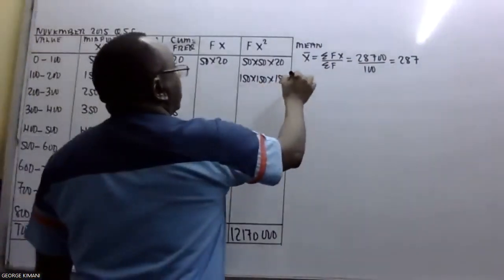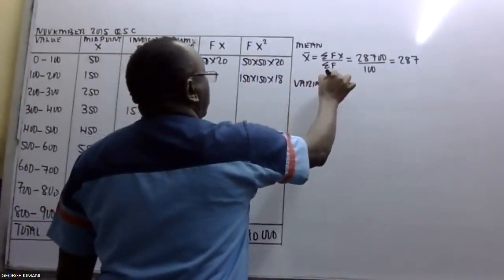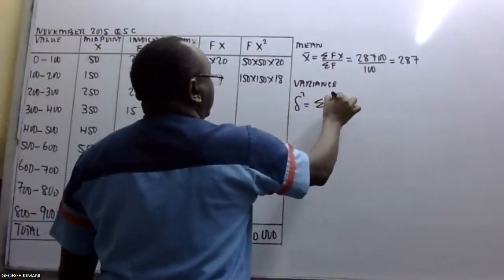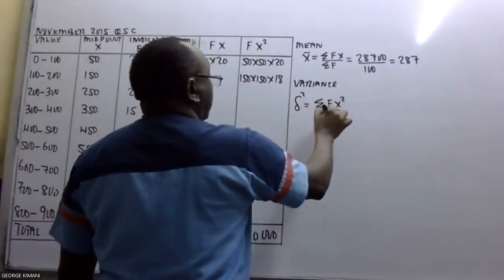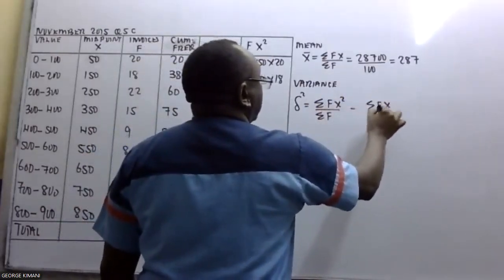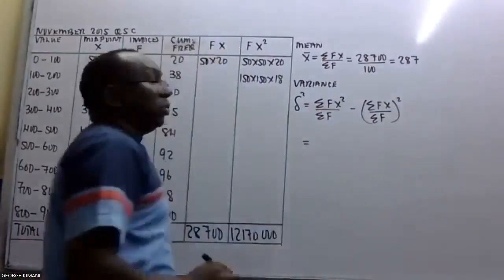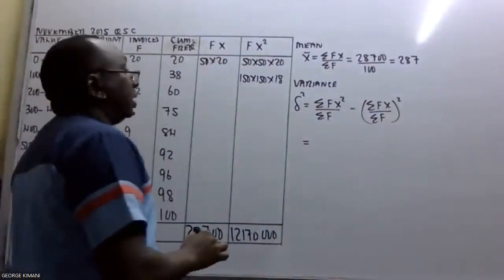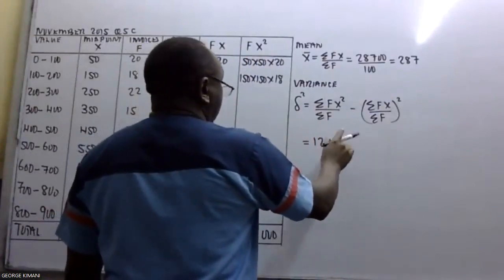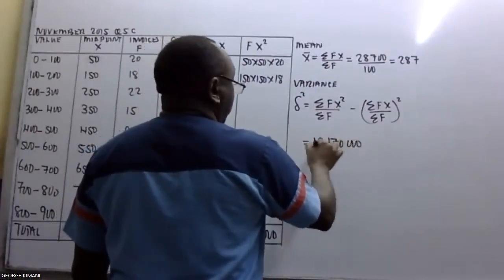The next thing that I want us to compute is called variance. Now, variance is given as sum of fx squared, you divide by sum of f, minus sum of fx over sum of f, which is squared. So this will be 12,170,000.